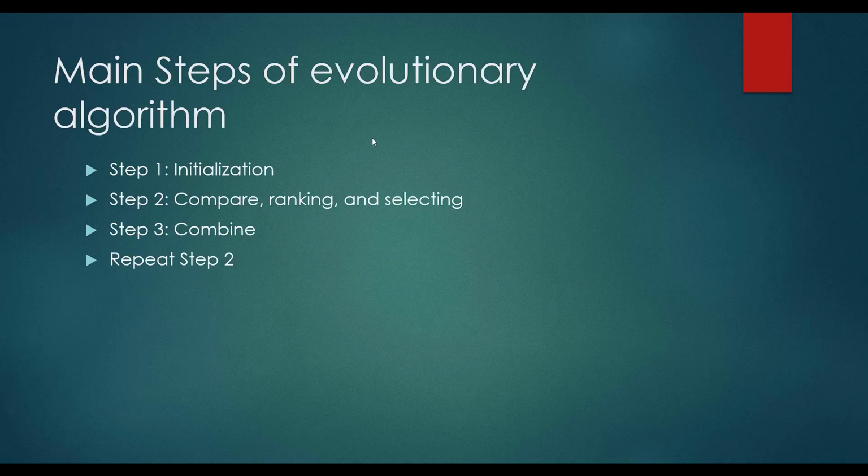We have some steps for any given evolutionary algorithm. It doesn't matter whether it is GA or another kind of method. The first one is to initialize. It means that we randomly generate a solution. It can be 0 and 1, based on the problem that we have. Then we compare, rank, and select based on the fitness functions that we have.